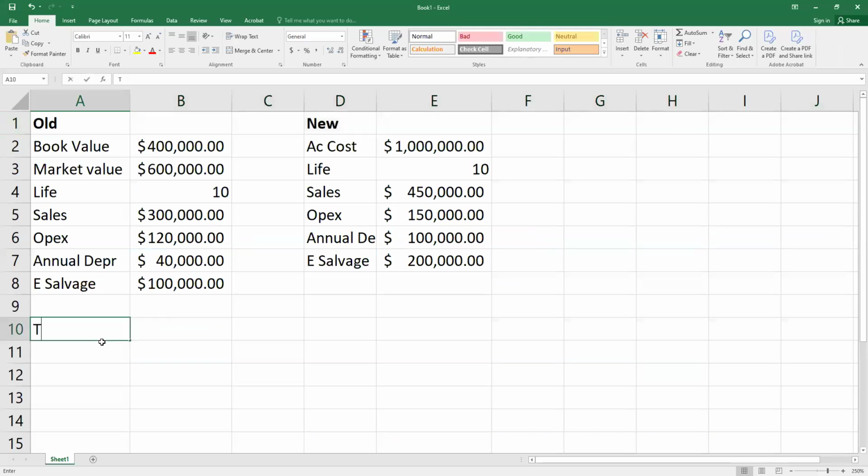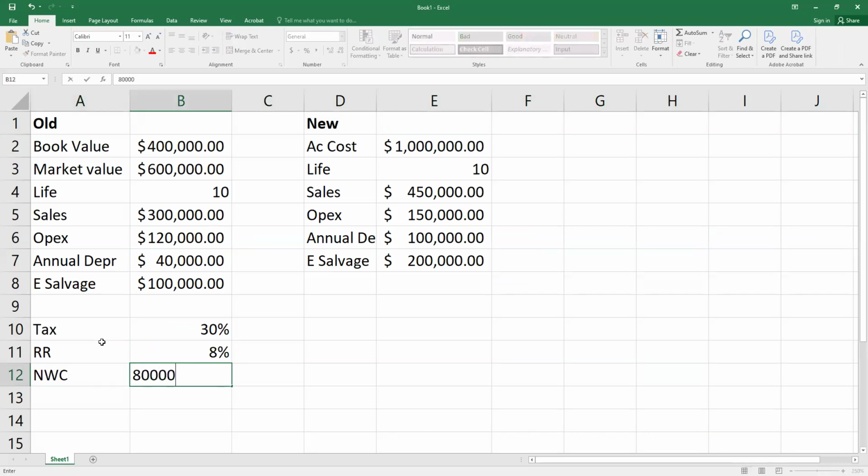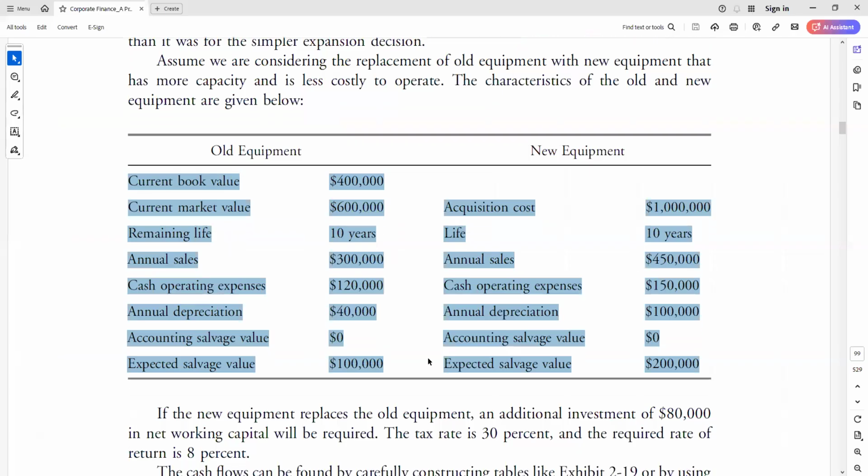So tax 30%, required rate of return or discount rate is 8%. And net working capital is 80,000. Okay. Anything else?